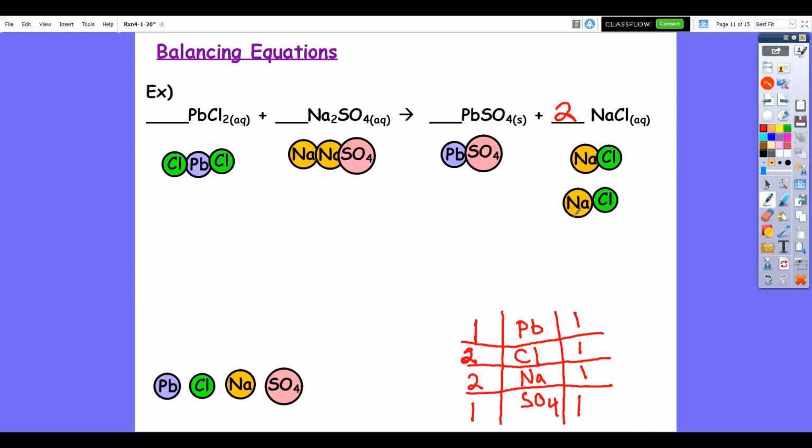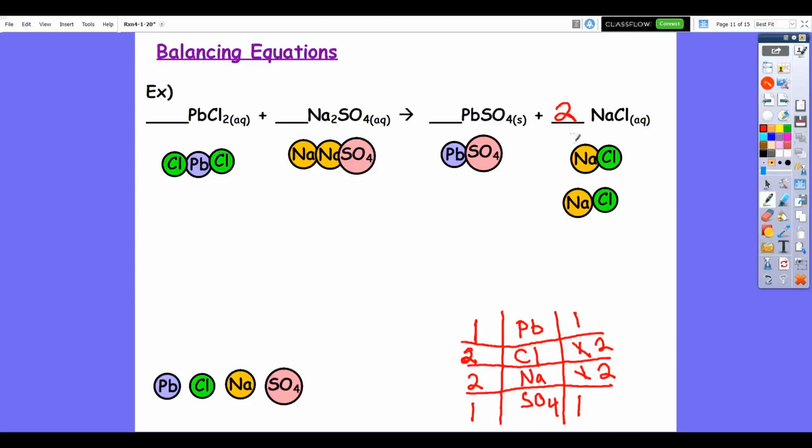So now I have 2 sodiums and 2 chlorides. So I changed my 1 chloride into 2. And I changed, oh wait, that doesn't just change my chlorine, that also changes my sodium. So my sodium went from 1 to a 2, which solves our problem here. Now I've got 2 chlorides on either side and 2 sodiums on either side.